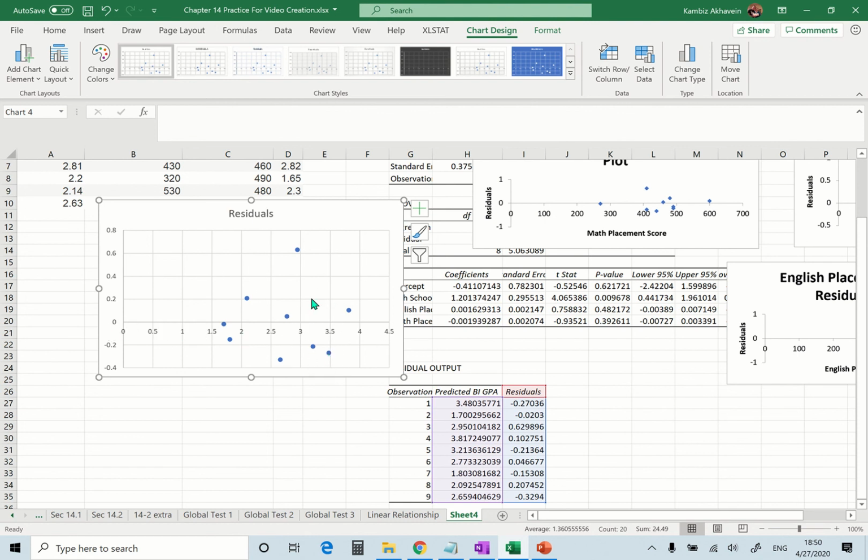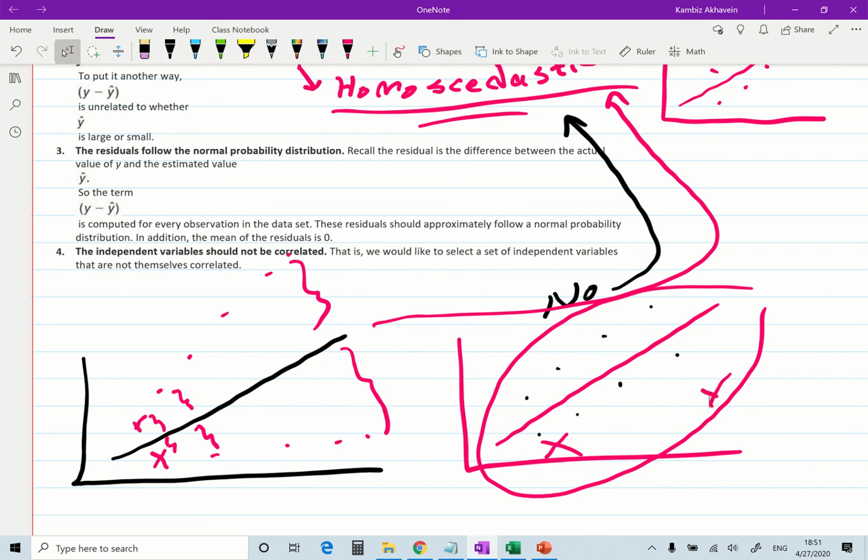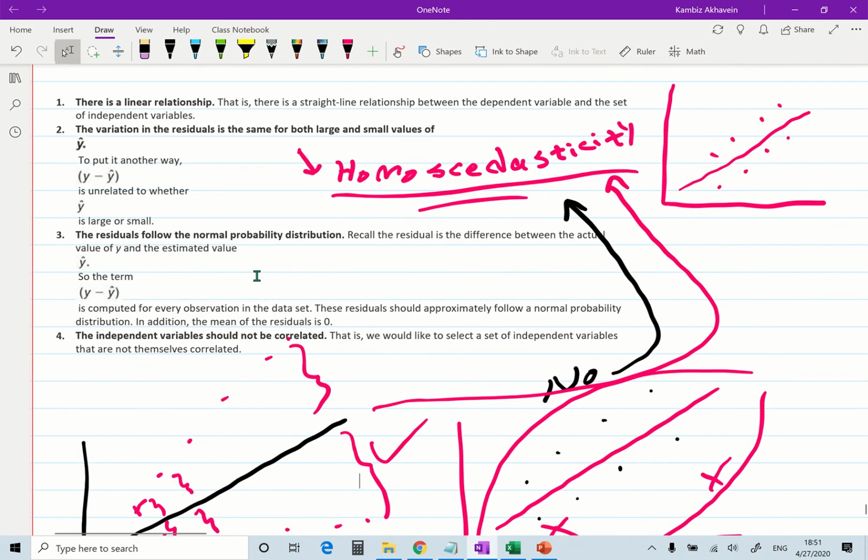And if almost half and half is above and below the line of 0, then that shows that I don't have this problem here. The error does not increase as x value increases. It's pretty much uniform around the line. So if error is high here, it's high here. If it is low here, it's low there. It's not that the error is low here, high there. Then that is very inconsistent. So that's the way we have checked number 1 and number 2.